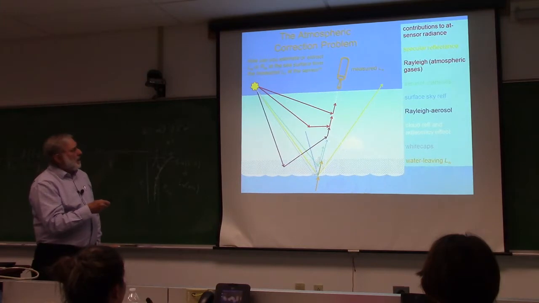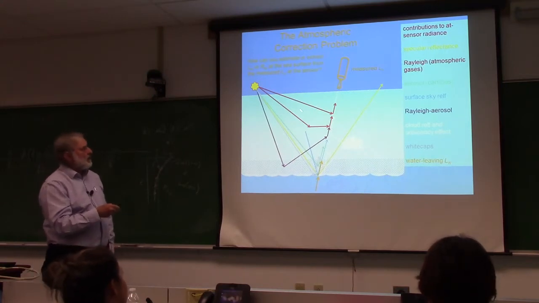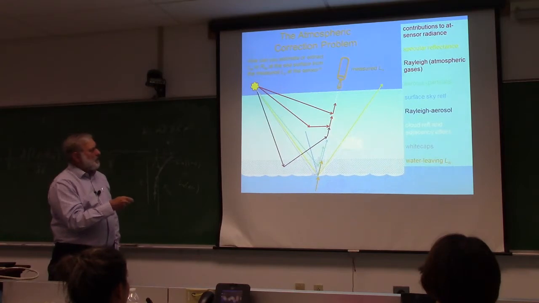Well, there's radiance that comes in from the sun. It gets scattered by atmospheric gases, so that's the so-called Rayleigh contribution or the Rayleigh scattering part. And it could be single scattering, it could be multiple scattering, that you're measuring.